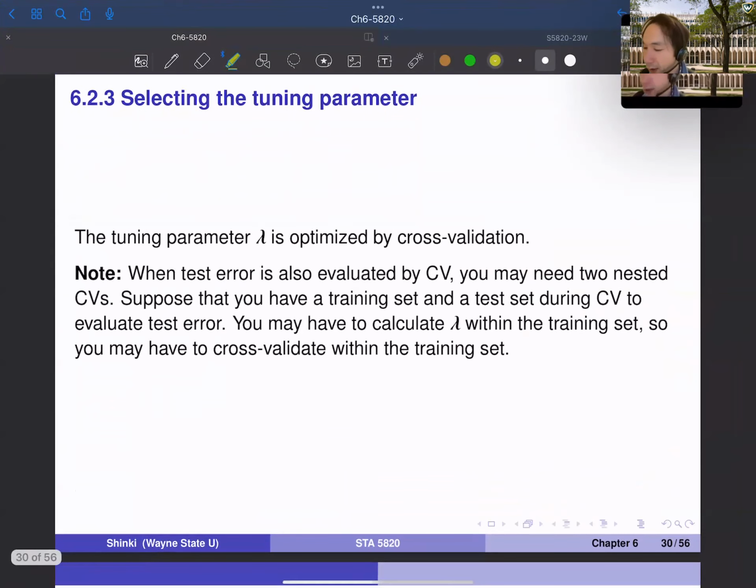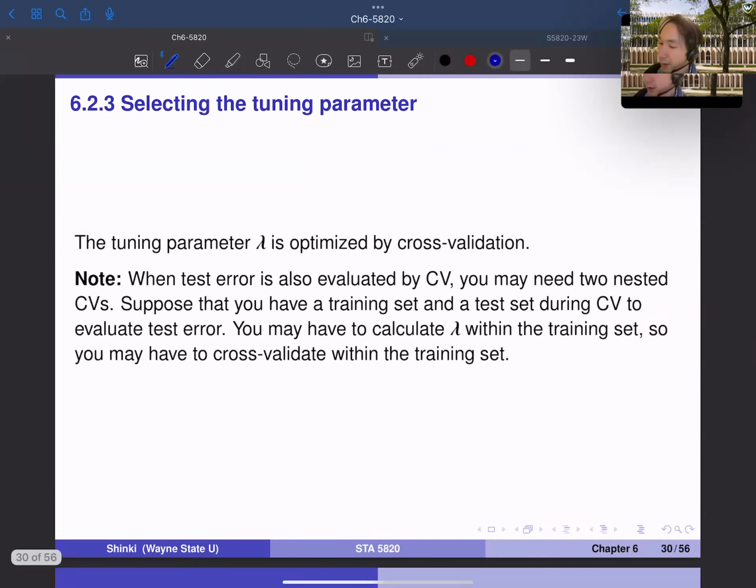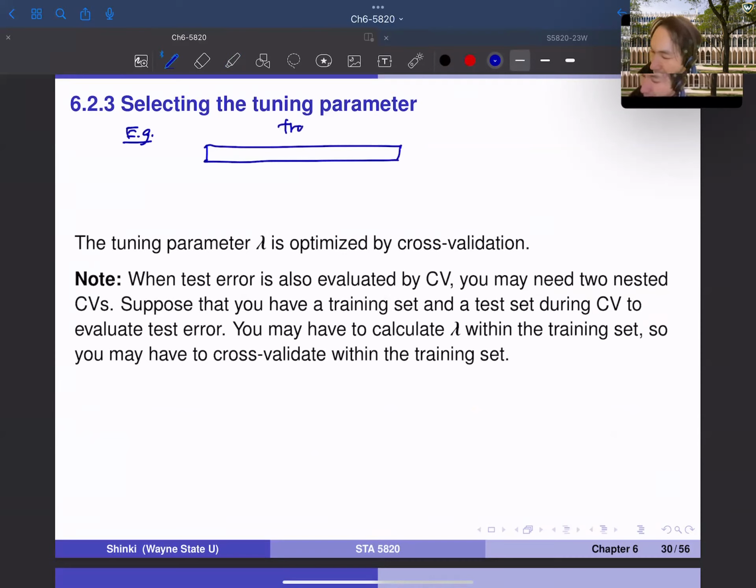Okay, so next, the tuning parameter lambda. This is optimized by cross-validation. One example is that we have the data set and we divide it into a training set and a test set, and we use the validation approach.